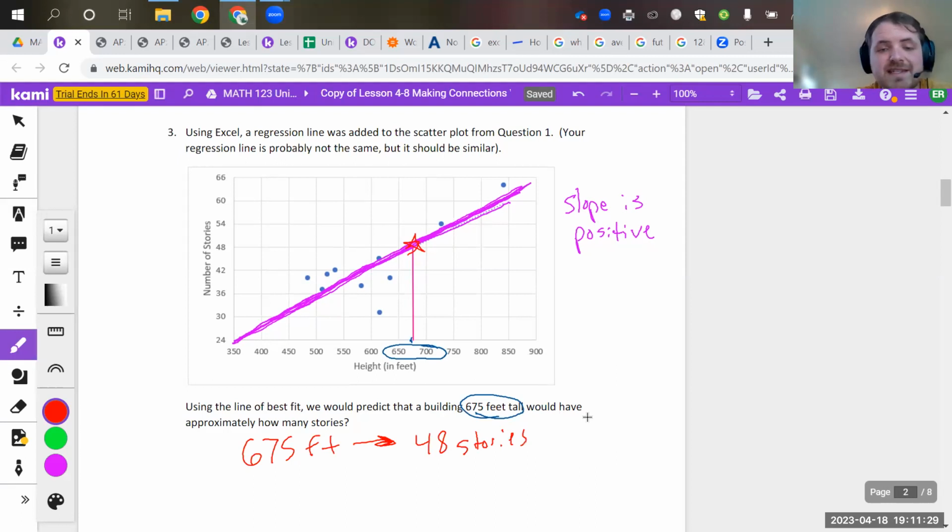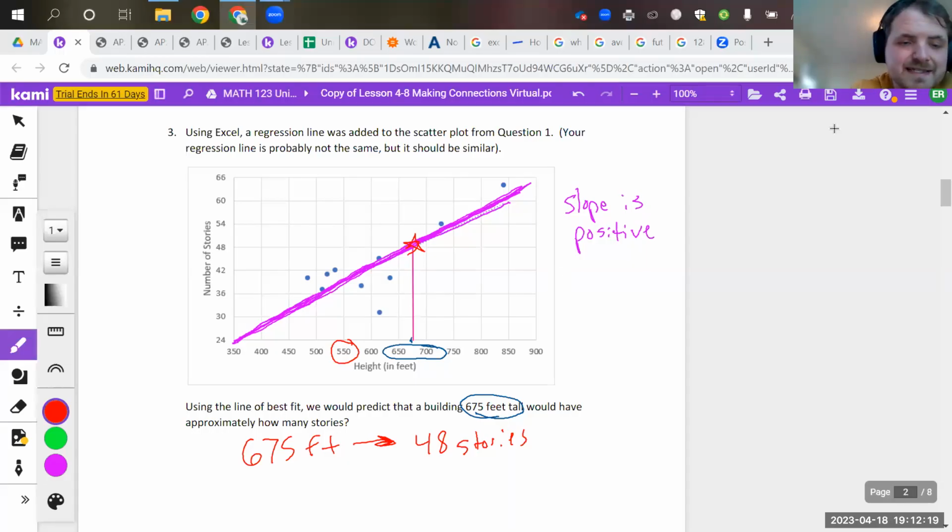Okay, if we did the same thing with maybe like 550, go ahead and drop in the chat how, if you had to make a guess, how tall do you think that building would be? So again, since 550, it's right down there, and I just want to go straight up to that point right there.